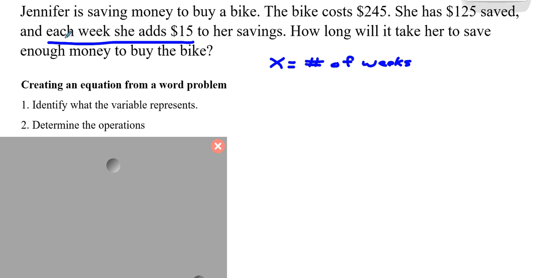There's an operation right there in "adds," but is that addition or multiplication? Well, since she's doing it every week, it's repeated addition. Repeated addition means we're going to be dealing with some multiplication.